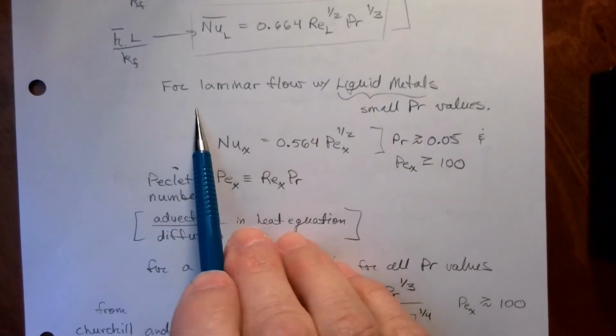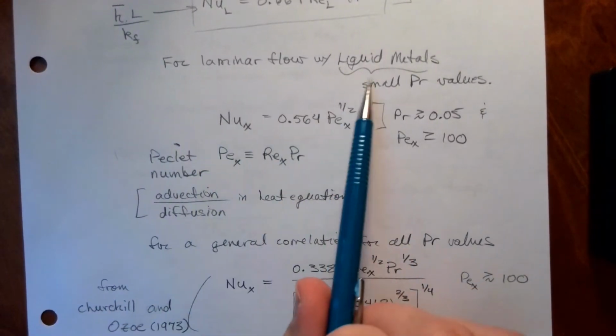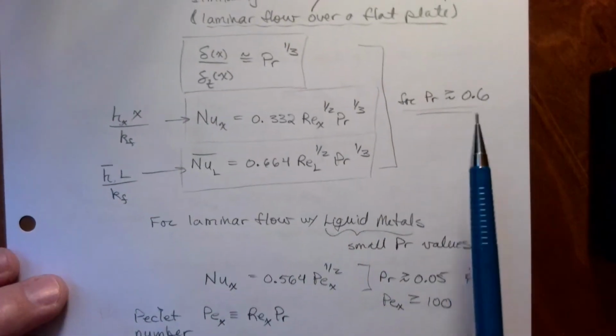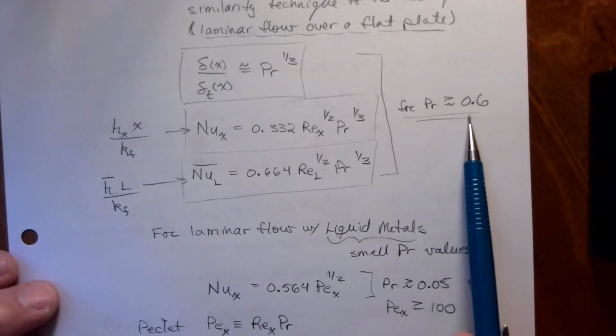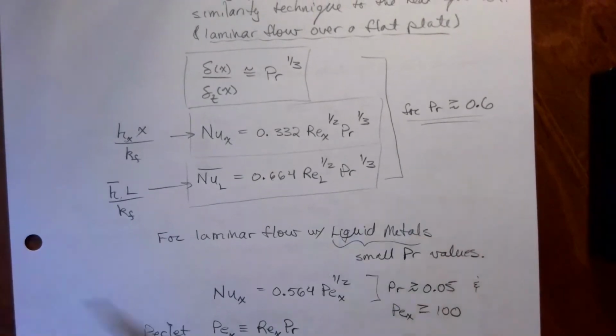So for laminar flow, okay, wait, there are restrictions on these up above: the Prandtl number has to be greater than 0.6, which in general for most engineering applications is true. We just looked at air, which was 0.7, and water is 7.56. For most engineering applications, this is going to be the case, and these will be valid.